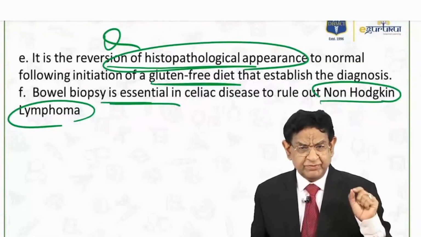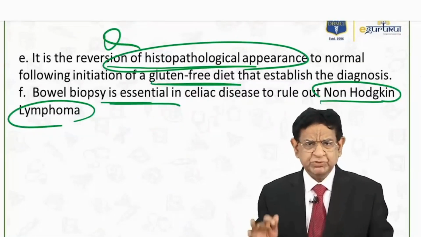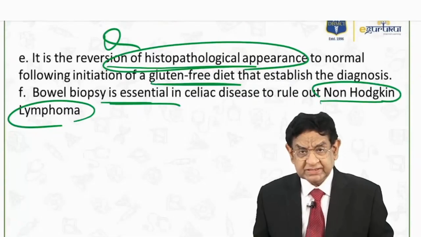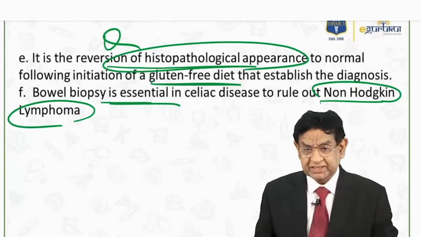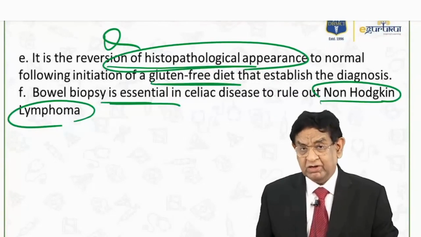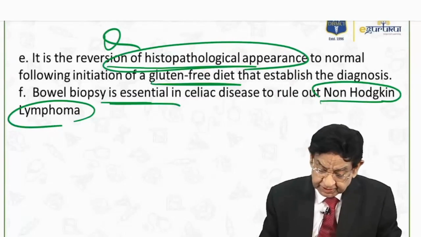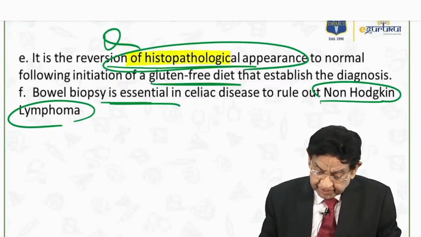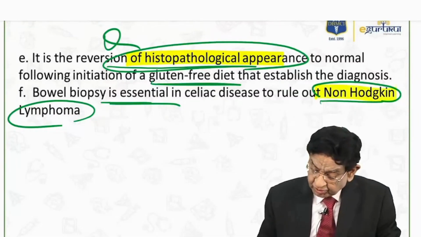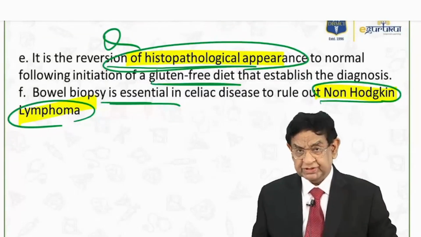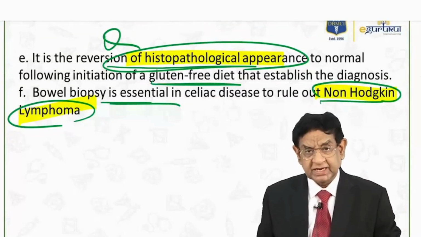It's very important that a biopsy is taken when the patient comes to you, to rule out other important differential diagnoses with the same presentation, clinically non-Hodgkin lymphoma, which can involve the small intestine. So the keywords are: it can revert back to normal, and biopsy is essential to rule out non-Hodgkin lymphoma. There are two keywords in this particular slide.